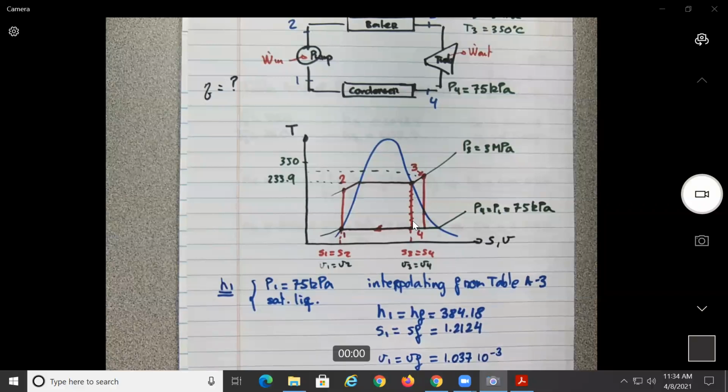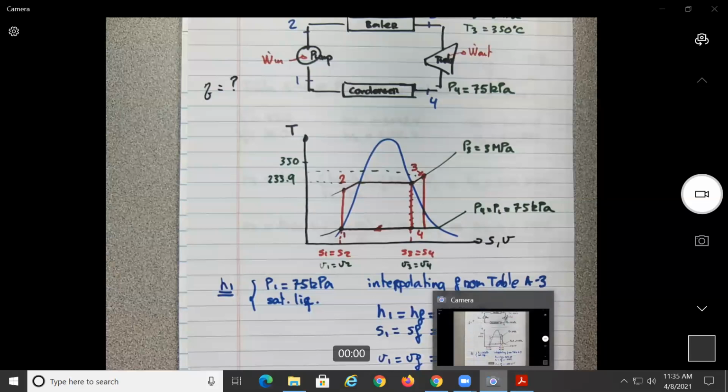So in order to find X4, what do we know? We know S3 will be equal to S4 because through the turbine, it is isentropic. Okay, and what else do we know? We know the pressure is 75. So those are the two things that we know about state 4. So let's go and do that.